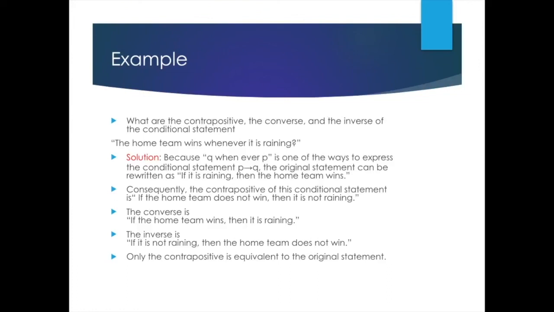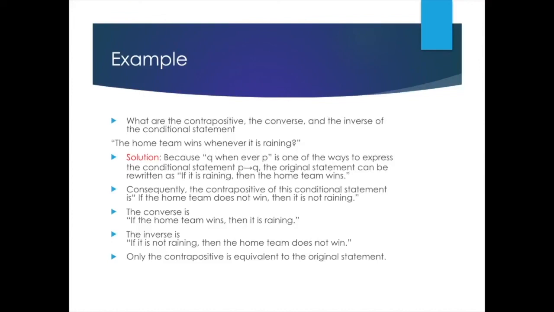Because Q whenever P, this is how a conditional statement works. Do something whenever the condition I propose is true. So Q whenever P is one of the ways to express the conditional statement P implies Q. And the original statement can be rewritten as: if it is raining, then the home team wins.